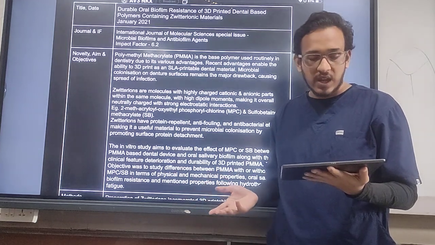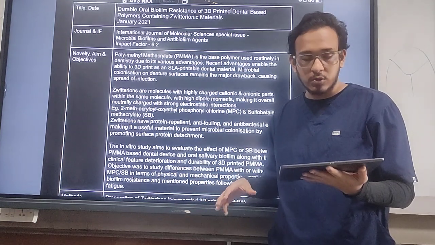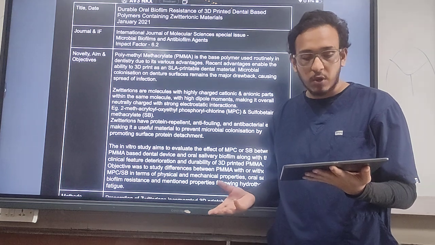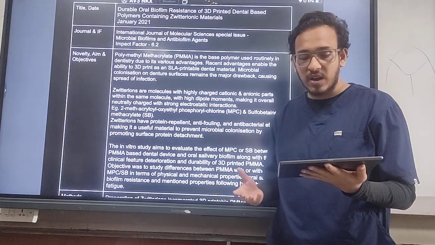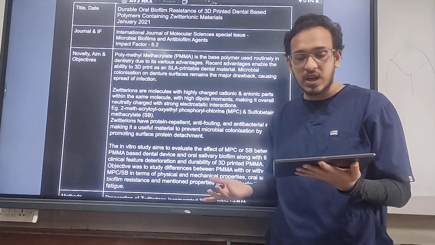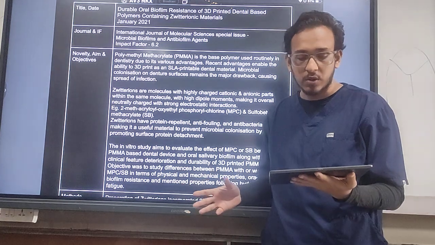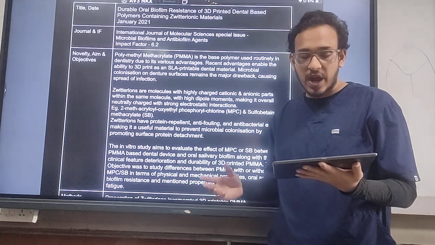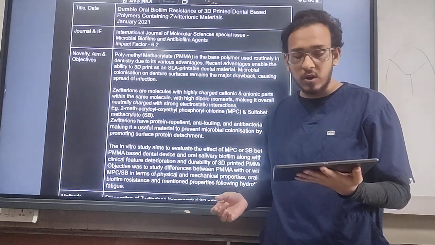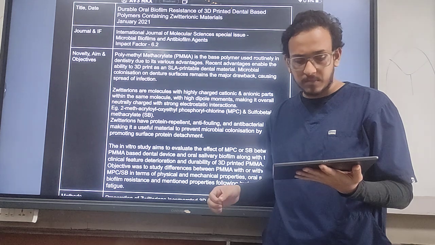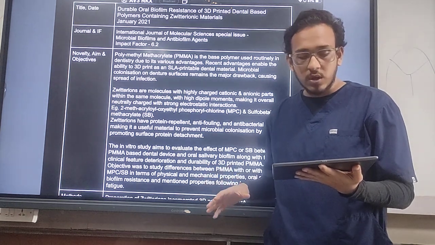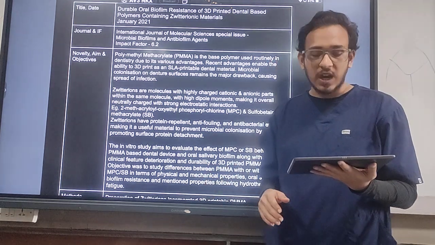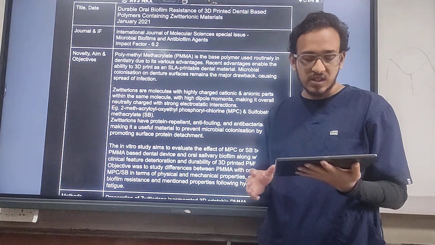So here they added Zwitterion molecules. Zwitterions are molecules with highly charged cationic and anionic parts within the same molecule. So they have a higher dipole moment, and it is overall neutral, but with strong electrostatic interactions.